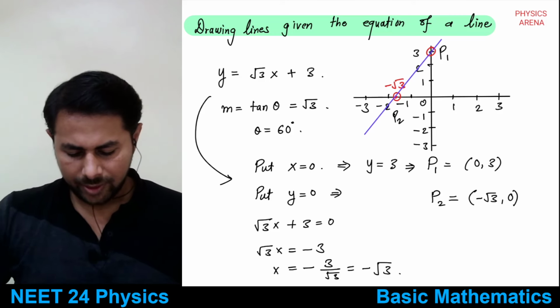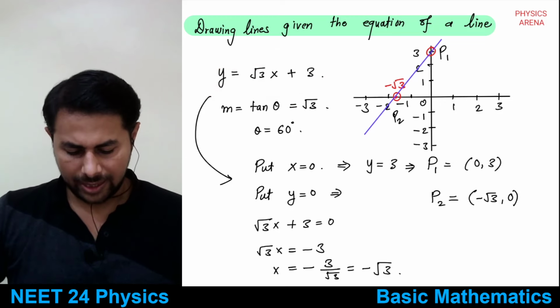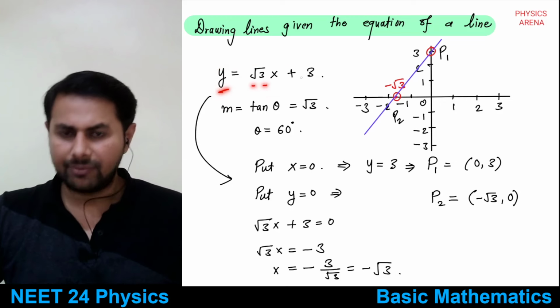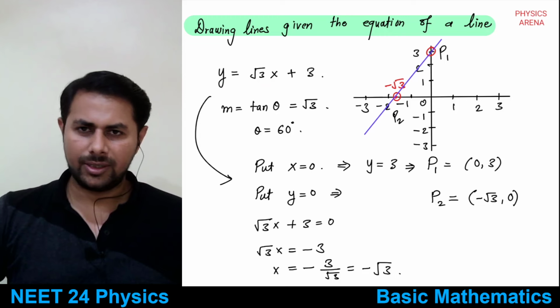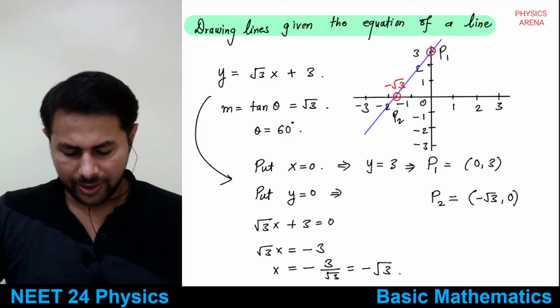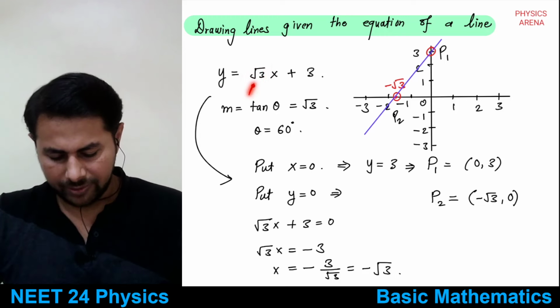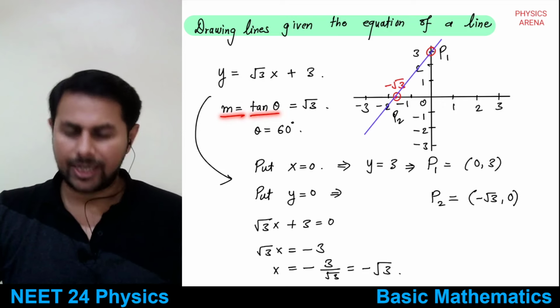So for an example, this equation is given, and I want to plot the line. So y is equal to root 3 times x plus 3 is the equation. From here you know that slope is equal to what? Root 3, and root 3 is equal to tan of theta.